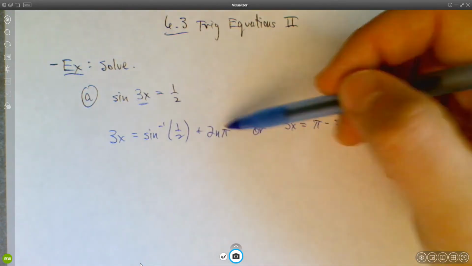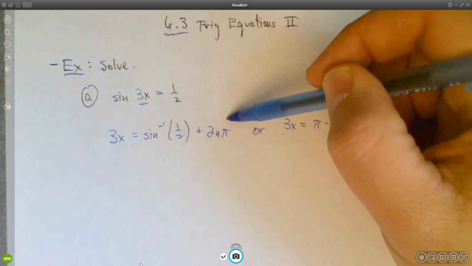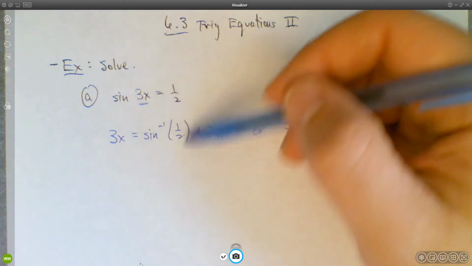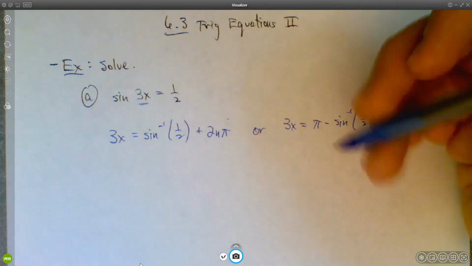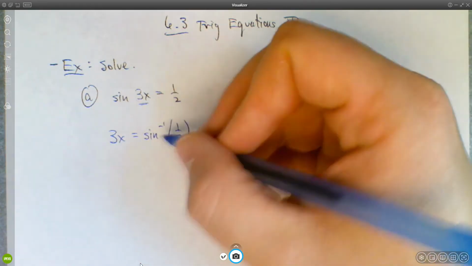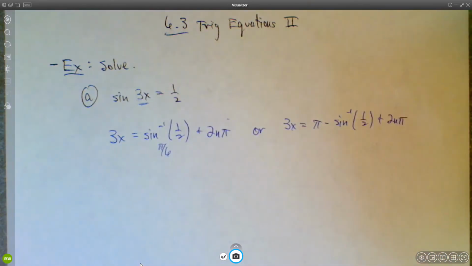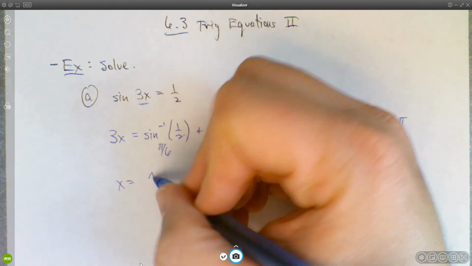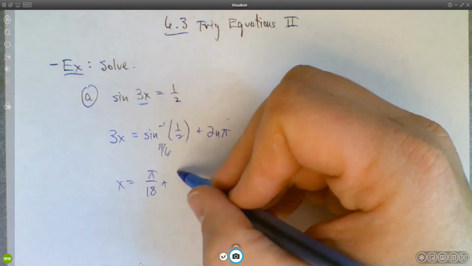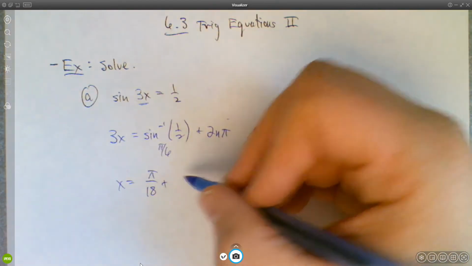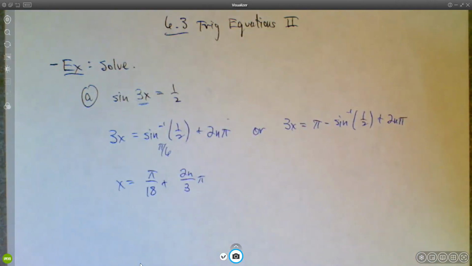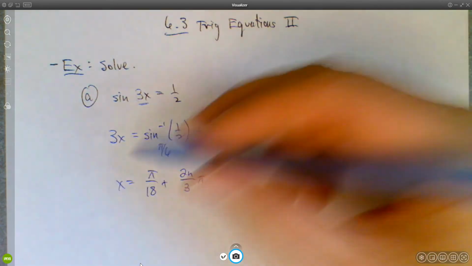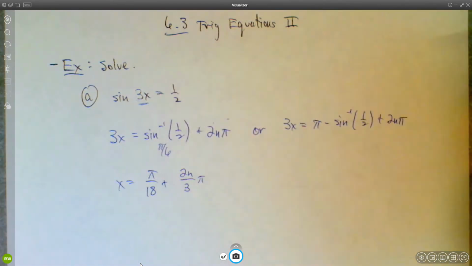You need the 2n pi on the very first step, because now when you divide by 3, you're going to divide pi over 6 by 3, but you're also going to divide 2n pi by 3, and so you get a lot more solutions. So this is pi over 6, by the way, so really what you're going to get is x equals pi over 18 plus 2n over 3 times pi, because you have to divide both terms by 3.